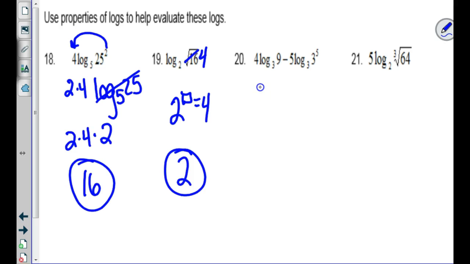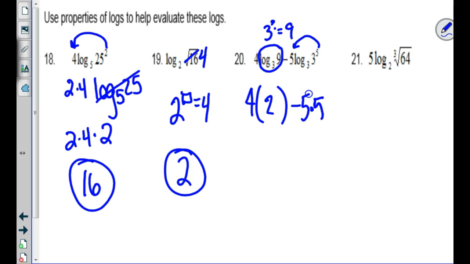All right, on this one, how about 4 times, can we do that in our head? What is 3 to what power is 9? So that's a 2. Minus, how about if we move this 5 out front with that one? So we'd have a 5 times a 5 times, what's log base 3 of 3?